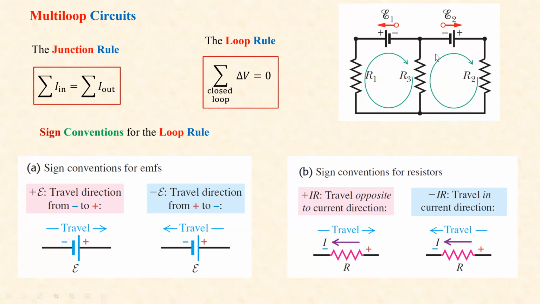But if you go along this loop in the clockwise direction, for this battery, we're going from negative to positive, right? So it depends on which direction you're moving through the loop and passing through the battery or resistor. We need to be careful when to put positive or negative for potential differences. All right, any questions so far?